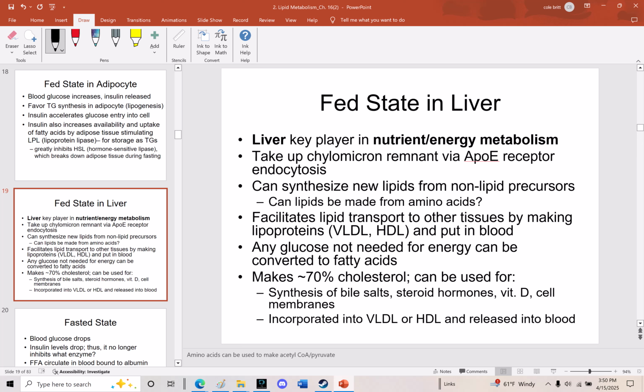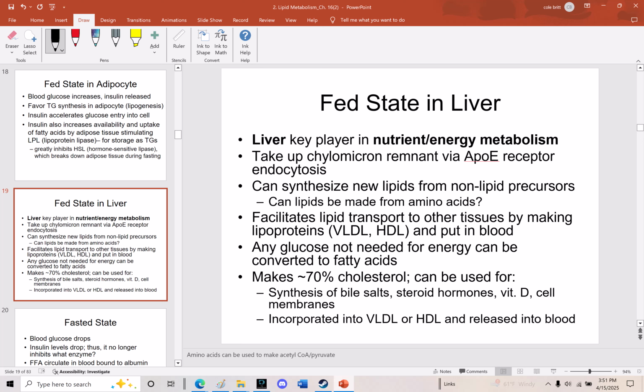Muscle cells might want the triglycerides because muscles like to use them for energy. And once it's done, the rest of the chylomicron, the remnant, will end up in the liver. The liver does not store lipids. If the liver stores lipids, that's called hepatitis. That's when the liver is dysfunctional. You do not want the liver to store a lot of lipids. It's called fatty liver. Fatty liver is not healthy, not in humans anyway.